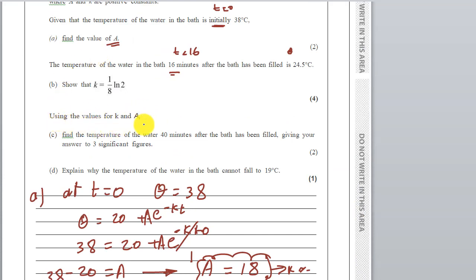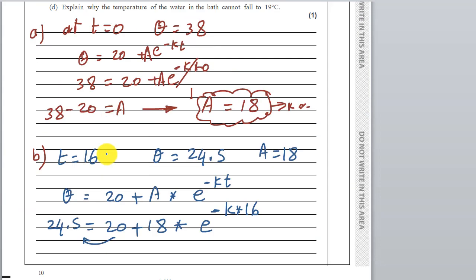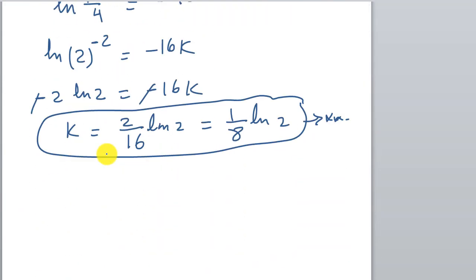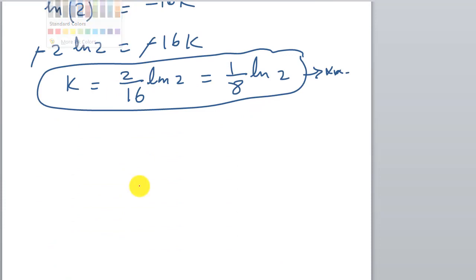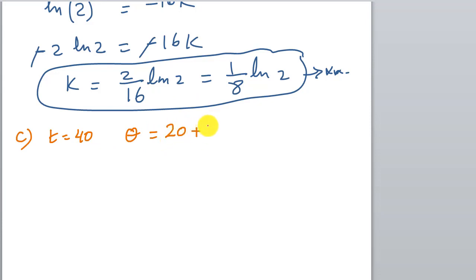Using the value for k and A, find the temperature of the water 40 minutes after the bath has been filled, give your answer to 3 significant figures. So t equal to 40. We need theta. So now t equal to 40, theta equal to 20 plus A, which is 18, e^(-1/8 ln 2 multiplied by t), and t equal to 40.